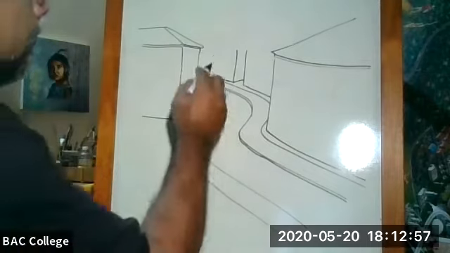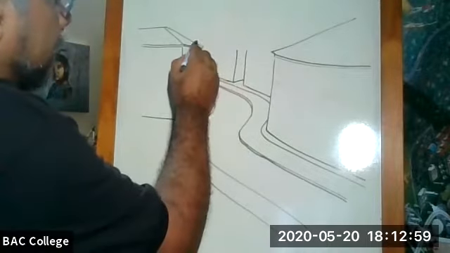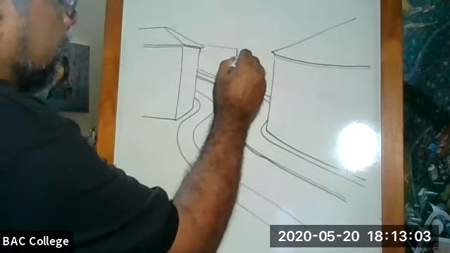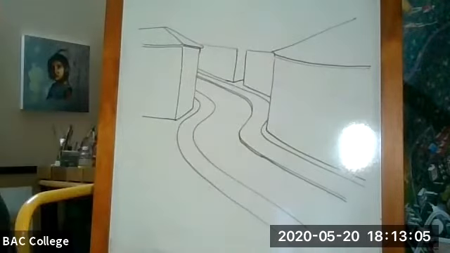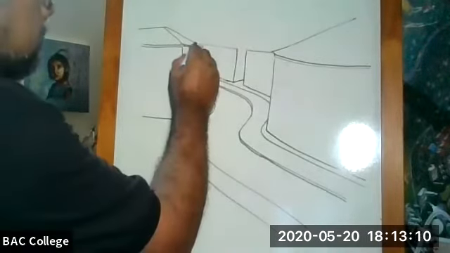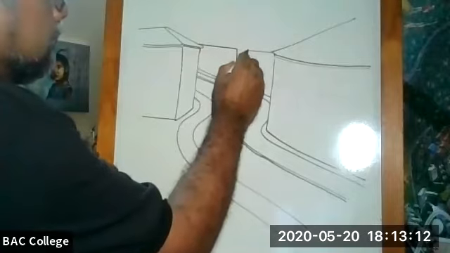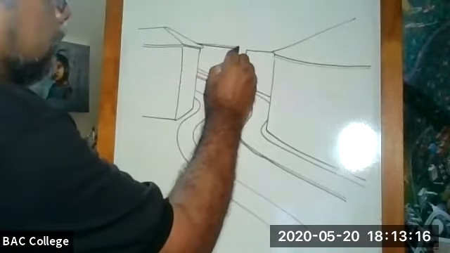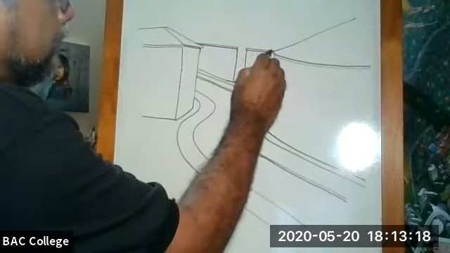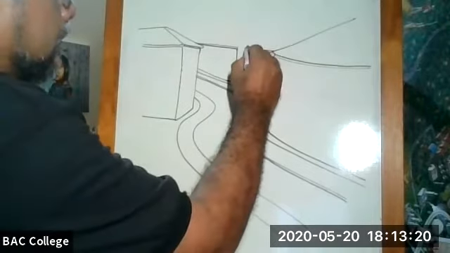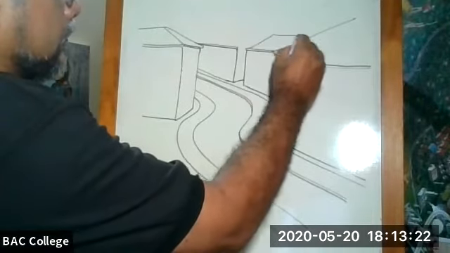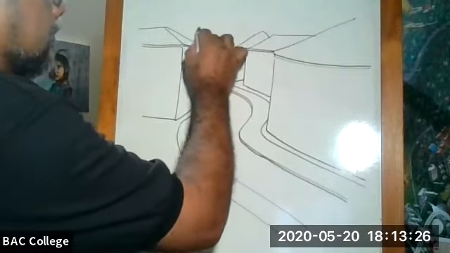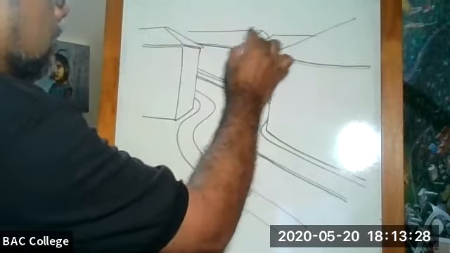Okay, here. The line will be this way over here and this way over here. Okay, so which means here you get the roof line, and you get the roof like so, and here you get the roof like so.